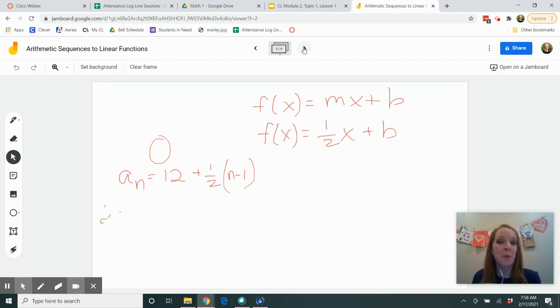b and the first term are not the same thing. b is our 0 term. It's when x is 0. So to solve for b, you take the first term minus the common difference. Always, always, always. But I don't like that. That looks a little strange. Make them both fractions so they match.